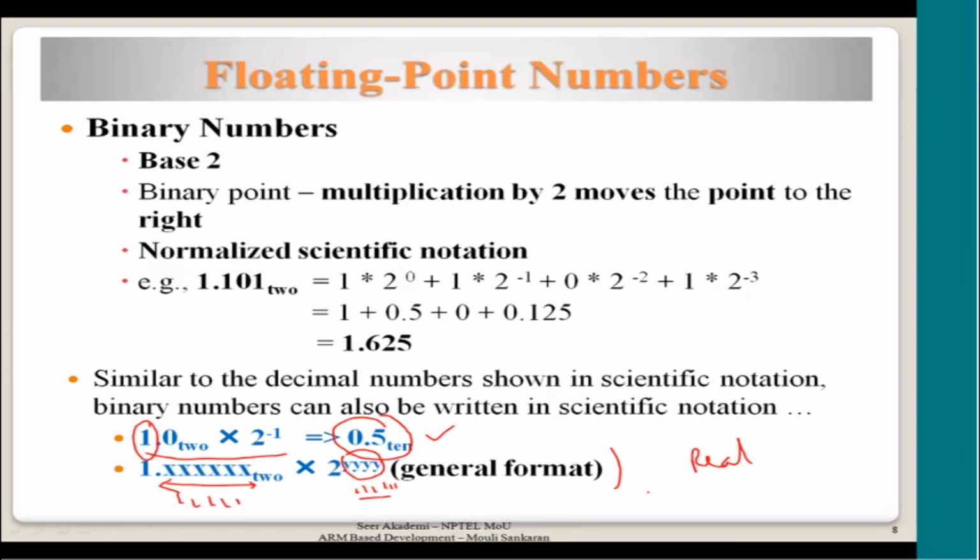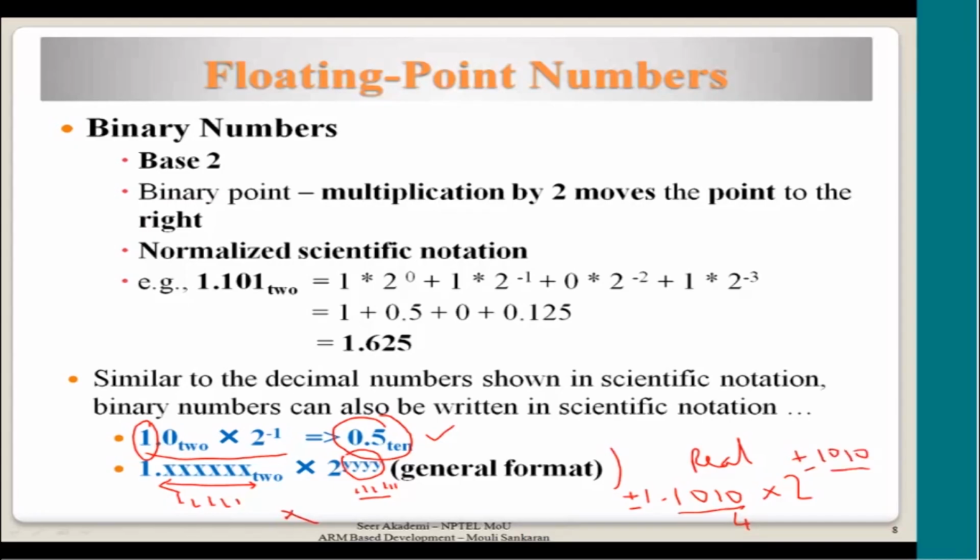Suppose I give you an example. Suppose you have 4 digits to represent your value. I am giving you 4 digits for this x, and then into 2 power plus or minus, this also plus or minus. I tell you 4 digits for representing some number.